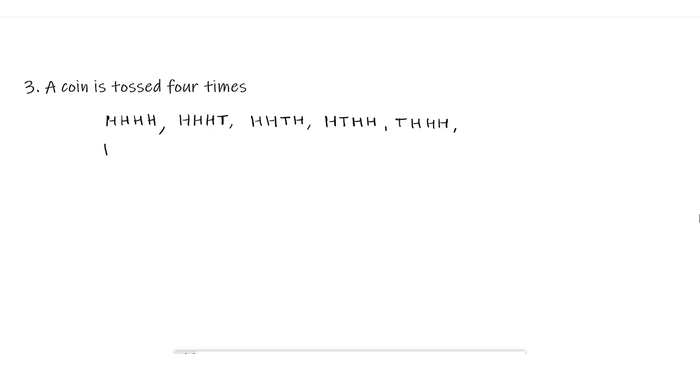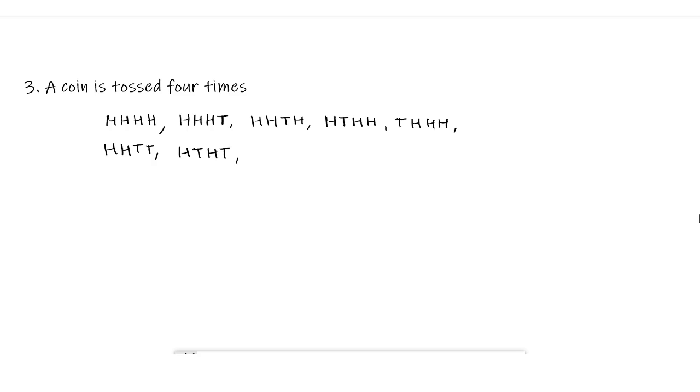Then in the first there is a head, in the second a head, in the third a tail, in the fourth a tail. Then in the first a head, in the second a tail, in the third a head, and in the fourth a tail.